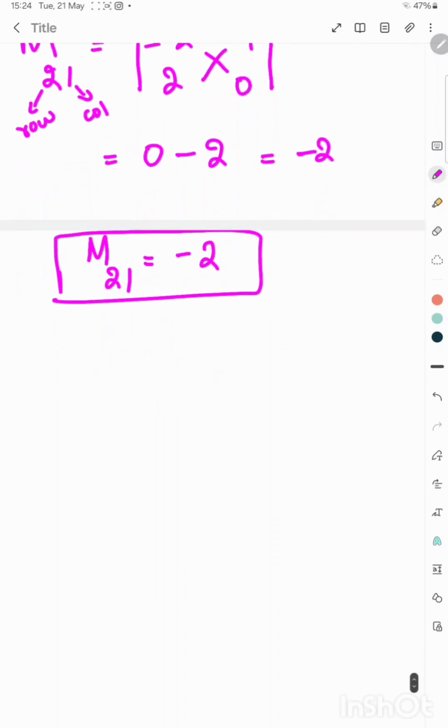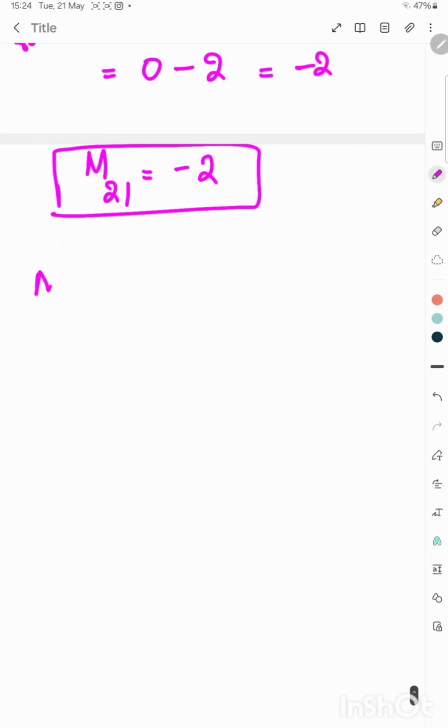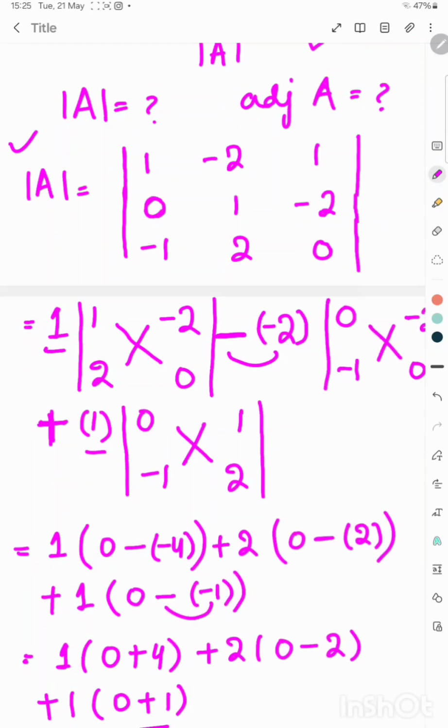Now I will go for the next minor, which is M22. Here the left side shows the row and the right side shows the column. So now I will eliminate the second row and second column from the given matrix. Here the second row is this one and the second column is this one.